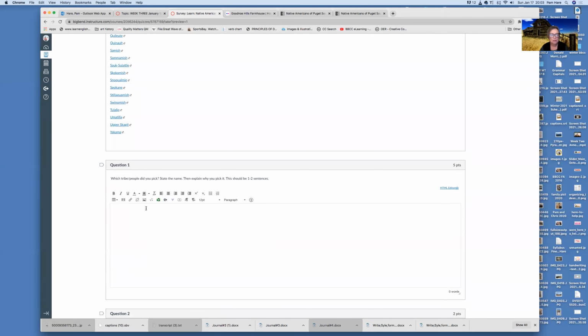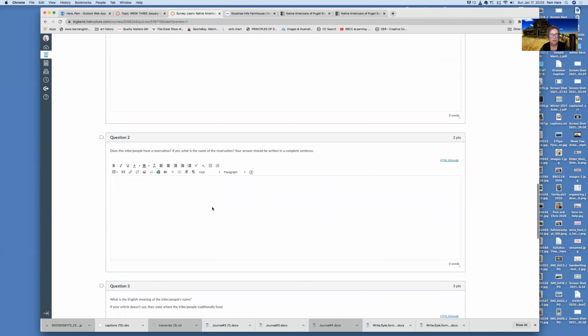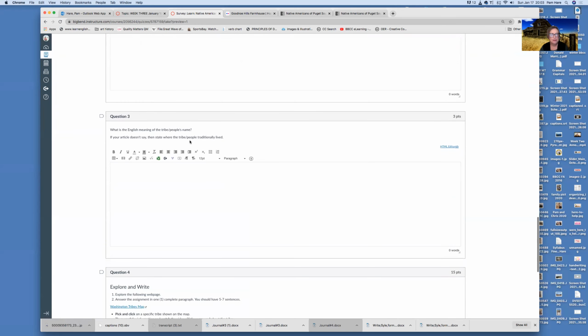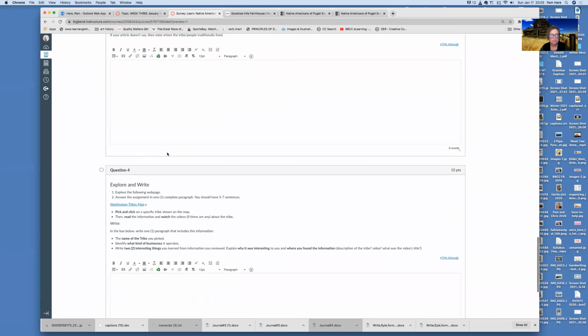Then you're going to pick a tribe or person, and why. It should be at least 1 or 2 sentences. You're going to pick something about a tribe and a reservation. Make sure you write that in a complete sentence. And is there an English meaning of that people's name?